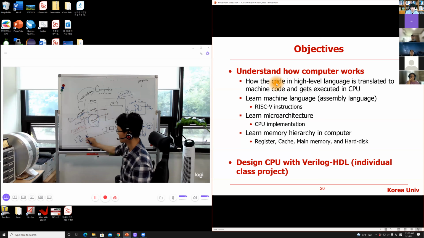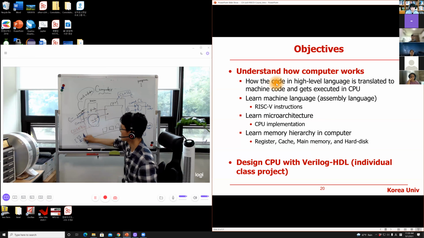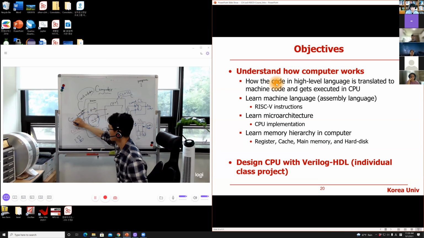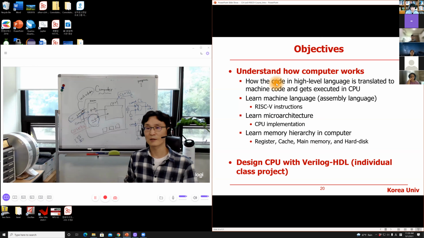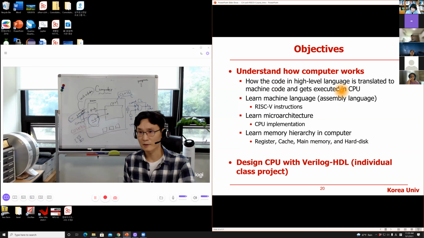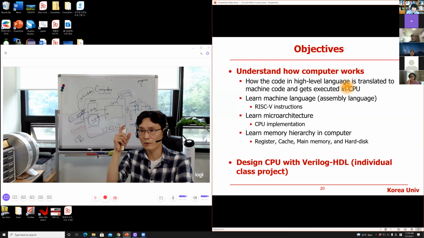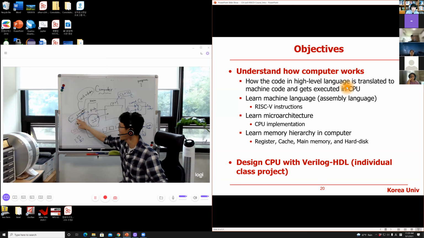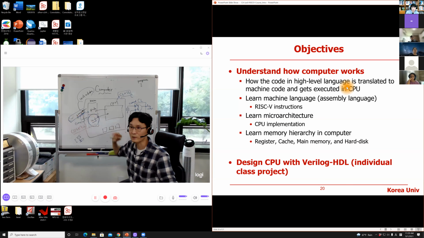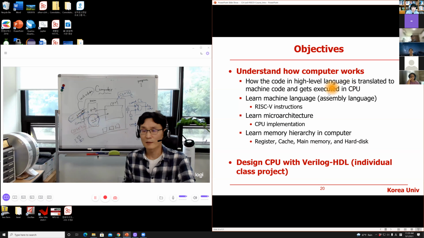That compiler is translating high-level code, for example C code, into instructions and data. So this is translation of high-level code to low-level code. And then we are going to study instructions, RISC-V instructions, in detail.